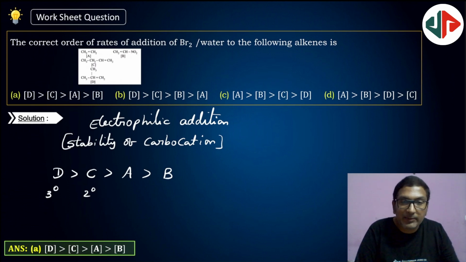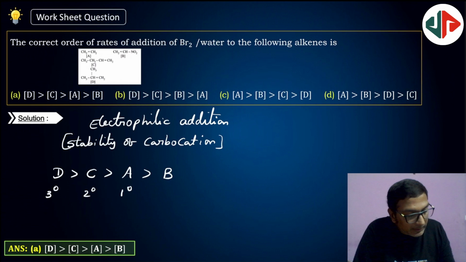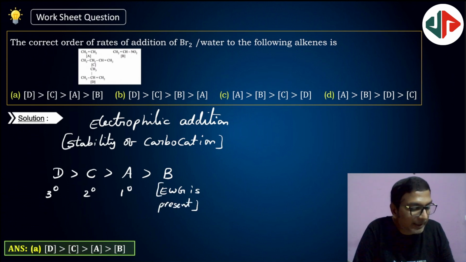So carbocation will not be formed. So A gives only primary. So an electron withdrawing group is present. Therefore, it cannot form carbocation easily. This is the order. Option A.